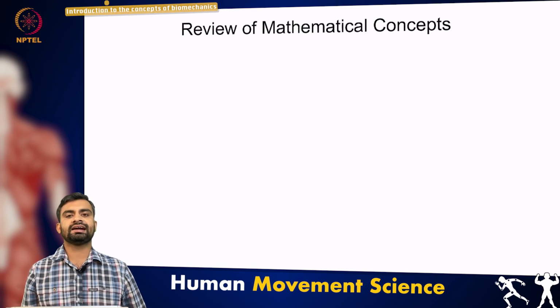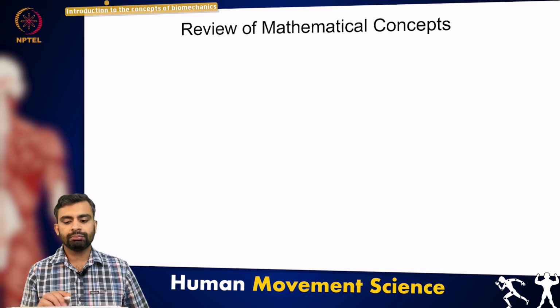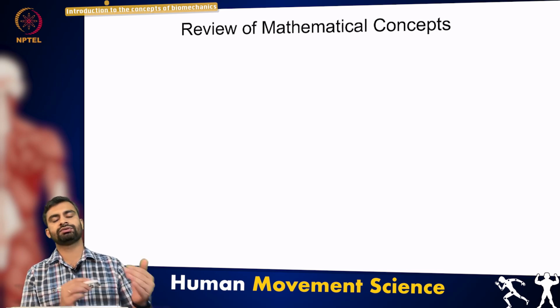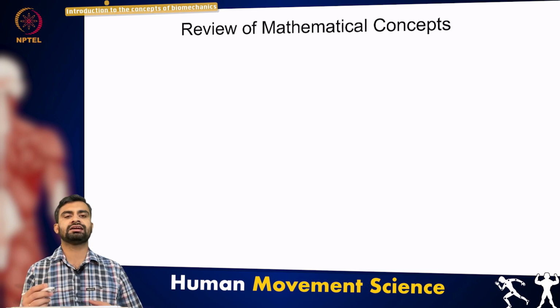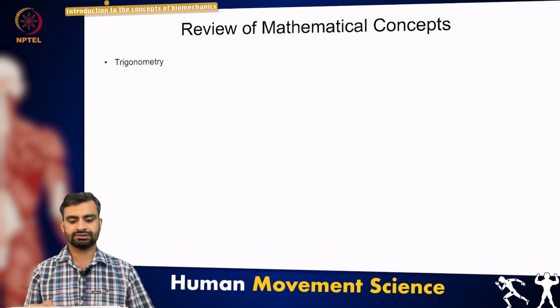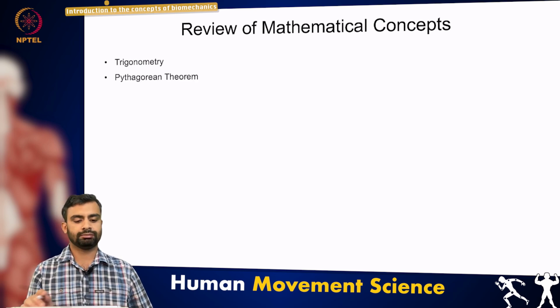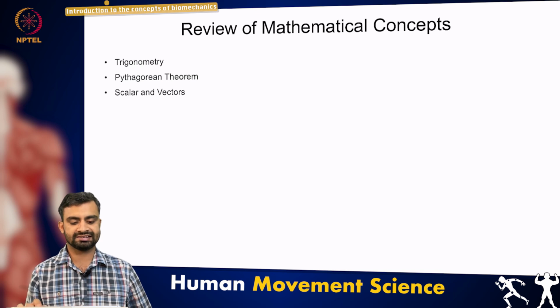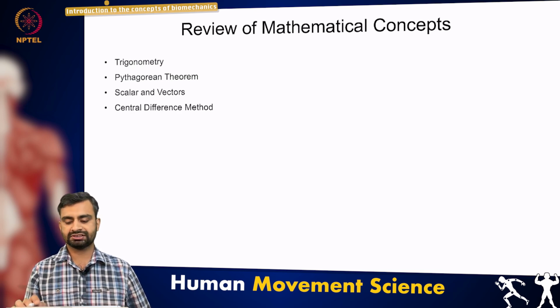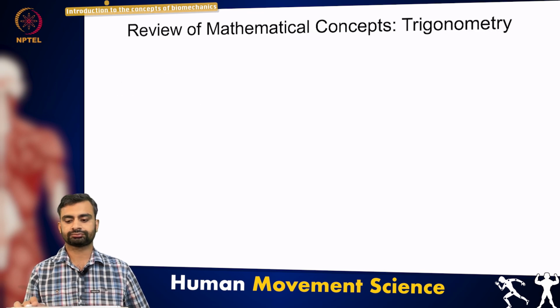To understand motion, let's review some mathematical concepts. We are not going into too much detail, but just to give you an overview of these mathematical concepts, which can be very handy while performing biomechanical analysis. We will discuss trigonometry, Pythagoras theorem, scalars and vectors, and the central difference method. So let's move through these one by one.